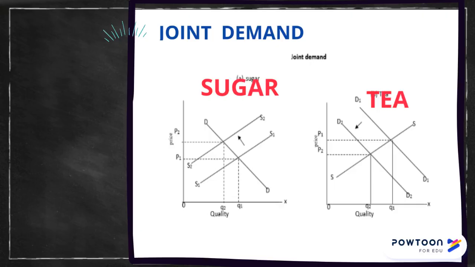In fact, one would be useless without the other. If there is a change in demand for one, there will be an automatic change in the demand for the other.